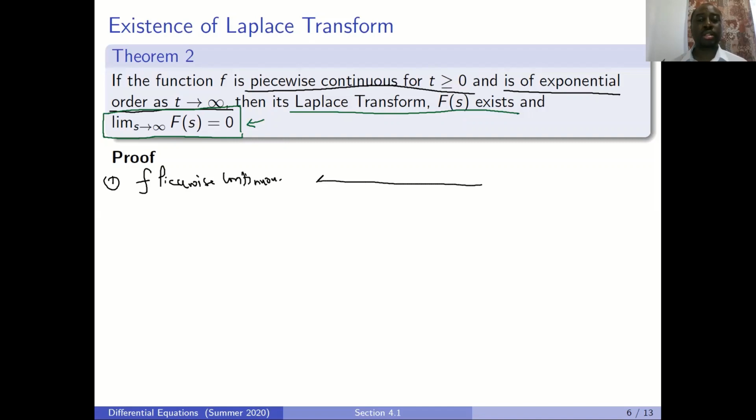Let's say that you are piecewise continuous over the interval AB. Then what it means is that I can construct some partition of my interval AB such that within each open interval of the partition, my function is going to be continuous.